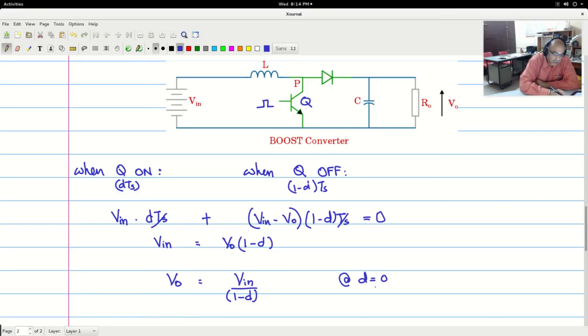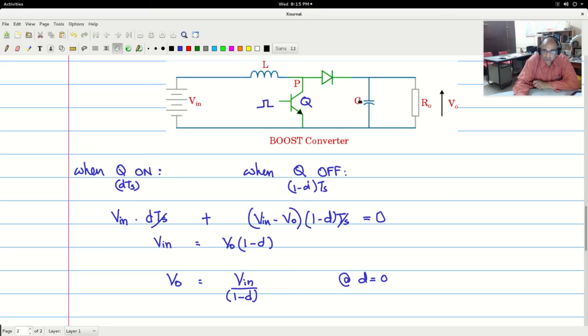When d is closer to 100% duty cycle, the denominator becomes a very large value when d tends closer to 1, and V0 will become a very high value. But it's very important to know that when d is 1, then the transistor is not switching and it is continuously on.